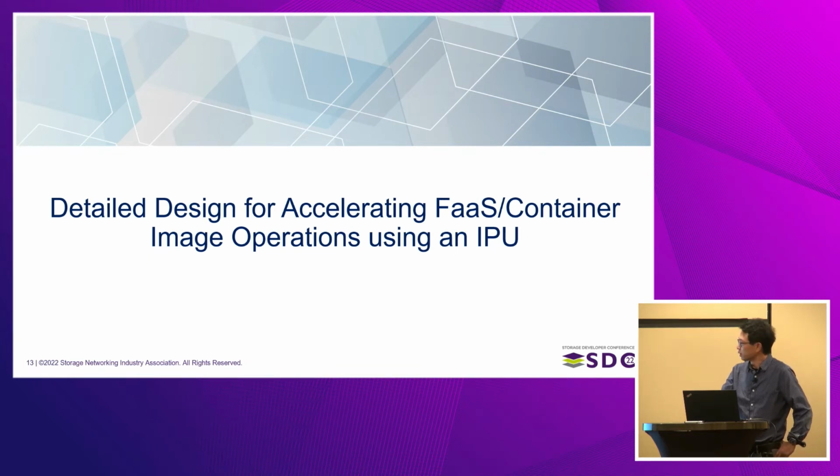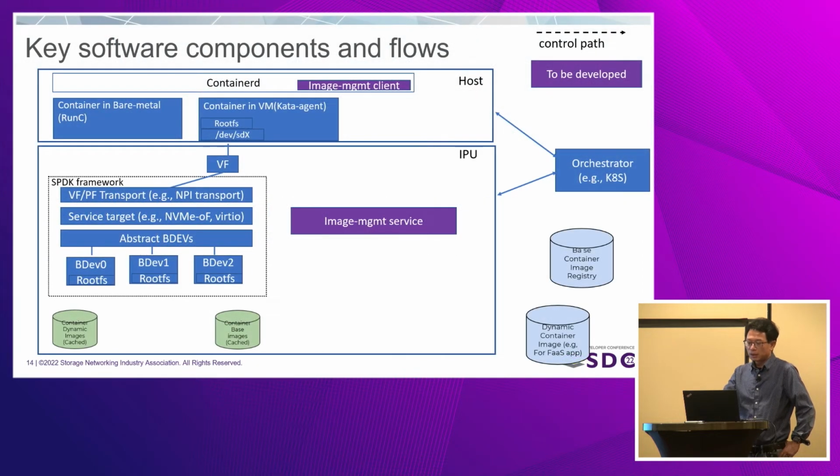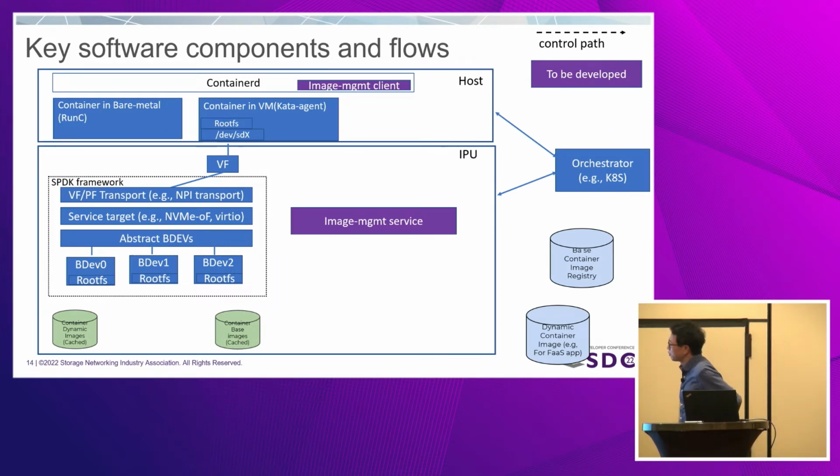Okay, so that's basically a very high-level view, and now let's spend a few minutes to talk about the detailed design, which explains how this can accelerate the function as a service. This is a concept level view. So today, on the host, right, you have a container runtime, like containerd running, and then depends on different environments. If it's bare metal, typically you just need runC to launch, start the containers.